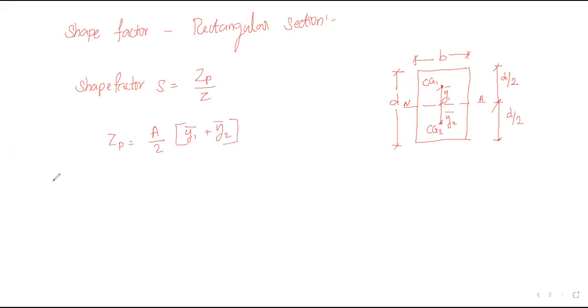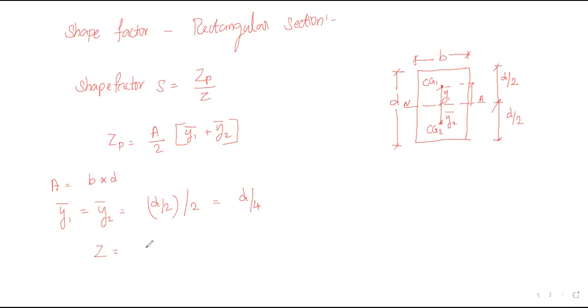Okay, so area A is equal to breadth into depth, whereas Y1 bar is equal to Y2 bar, because of the section symmetry. Okay, so here it is located at a distance of d by 2 divided by 2. Okay, so d by 2 the whole divided by 2, so that the Y1 and Y2 bar value becomes d by 4.